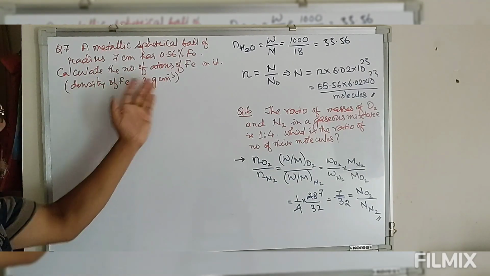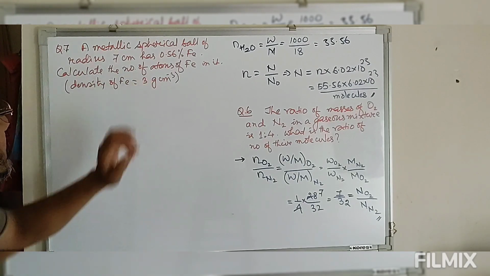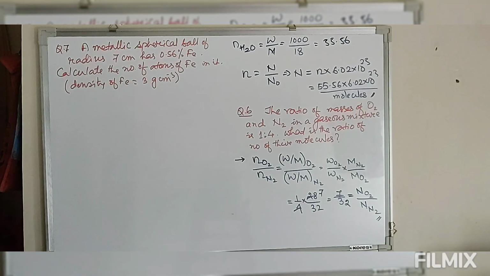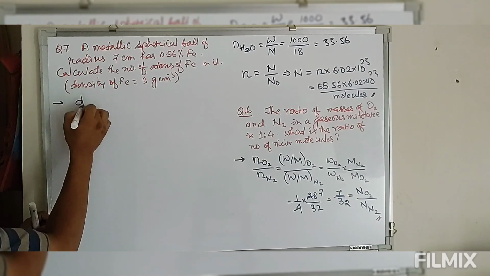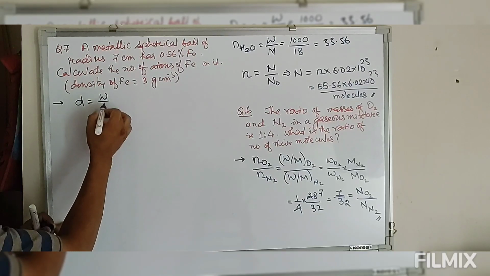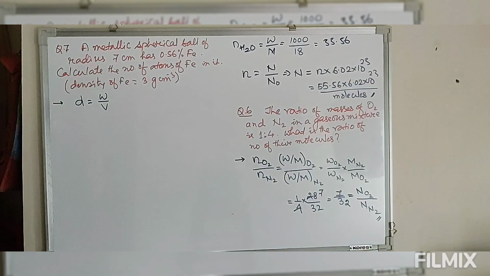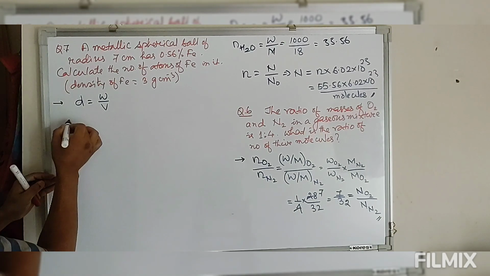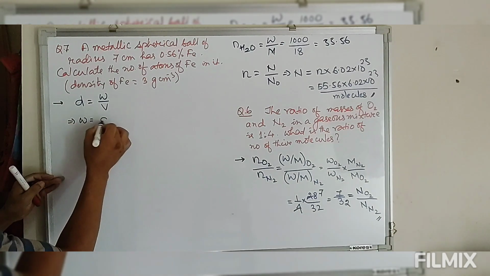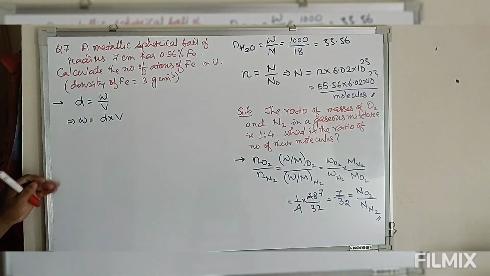Density is given as 3 gram per centimeter cube. So now look at this, we use the concept of density. Density is defined as mass divided by volume. So we have this density, we have volume, therefore mass is equal to density into volume.